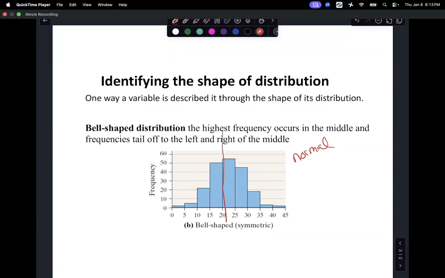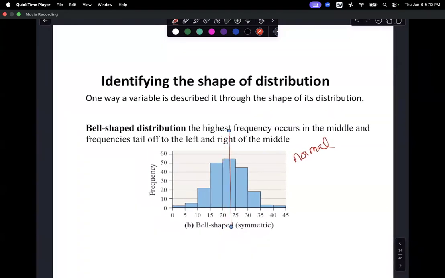If I drew a line down the middle, it's not going to perfectly fold on itself, but it's going to be pretty close. It's mostly symmetrical, relatively symmetrical. All those adverbs, we like adverbs. So it can still basically fold on itself and it's got this nice bell curve. You'll see a big difference between the bell-shaped and the ones that are skewed. So this one is bell-shaped or normal.